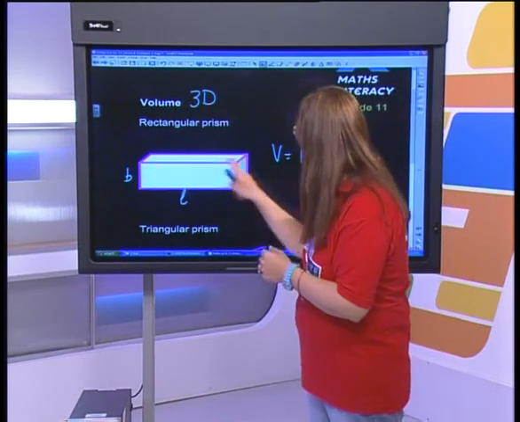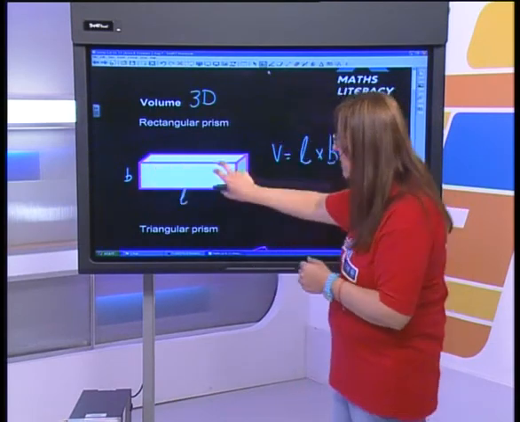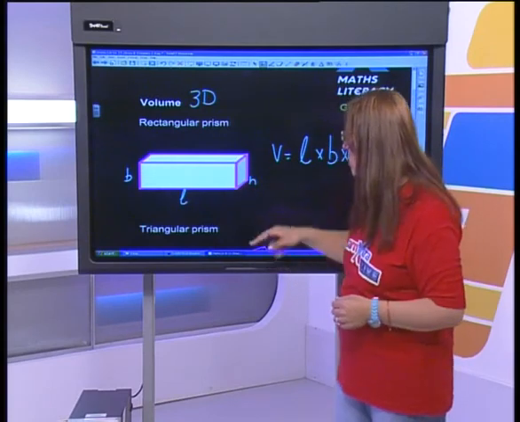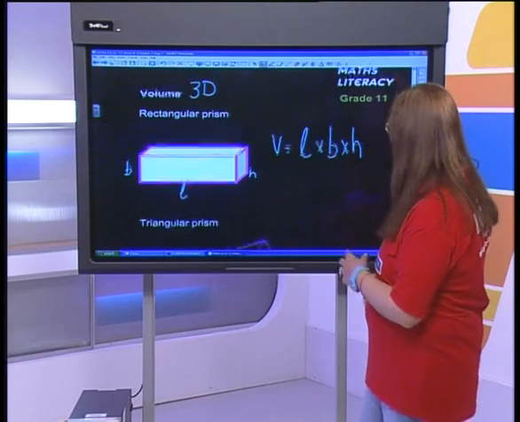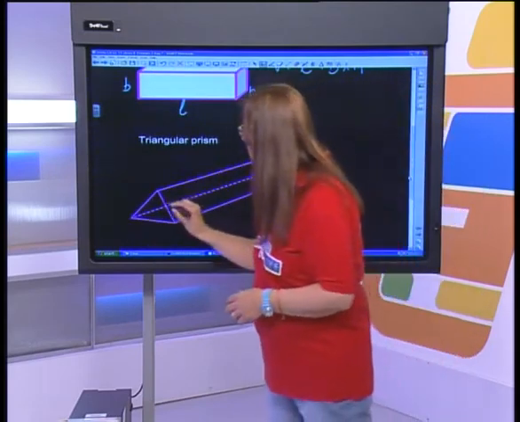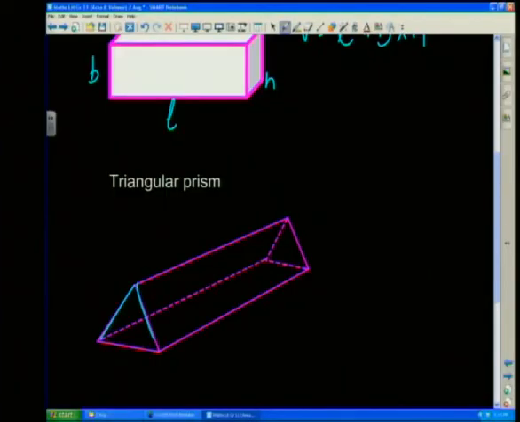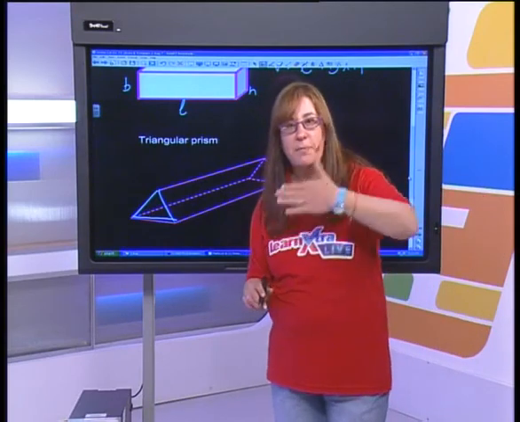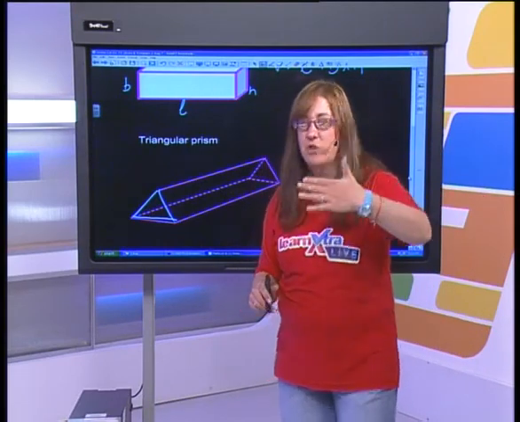So if I make my length times breadth, that's my front piece that you can see here, my common side, then my height goes into the shape, into the wall. For example, on my triangular prism, that's my common side. It's the side that's going to stay the same throughout. If I had to cut this triangle anywhere along that path, I'm going to still have a triangle.